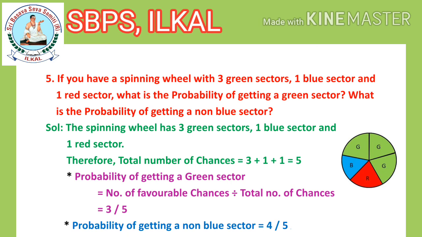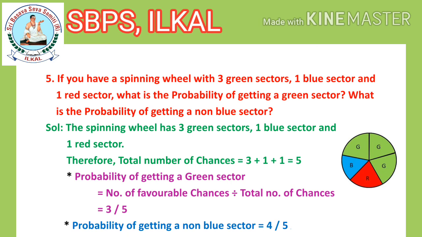Therefore, total number of chances is equal to 3 plus 1 plus 1, which is equal to 5. Therefore, probability of getting a green sector is equal to number of favorable chances divided by total number of chances, which is equal to 3 by 5.